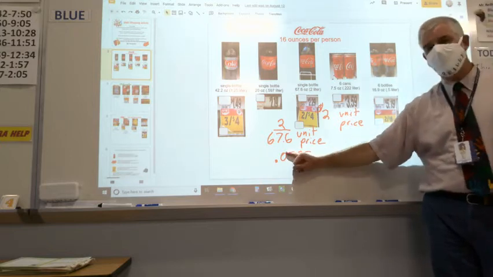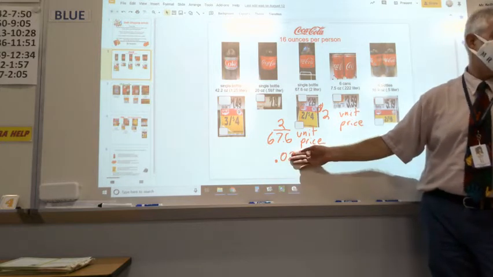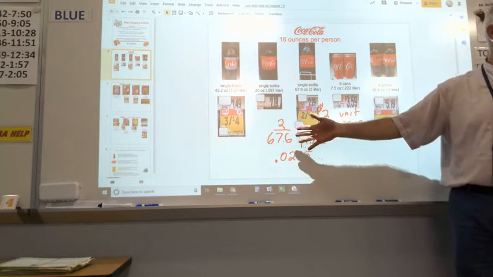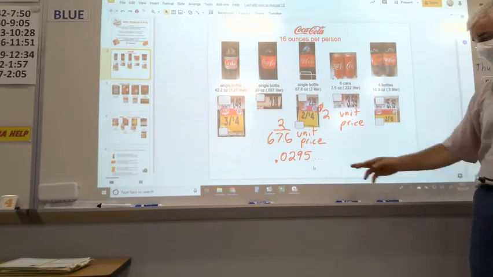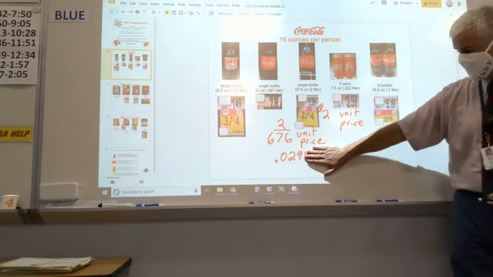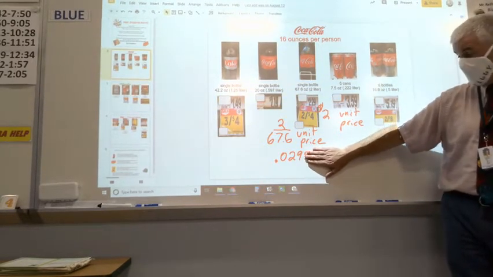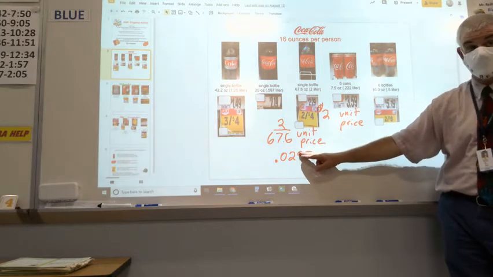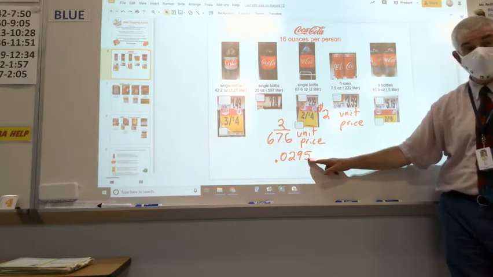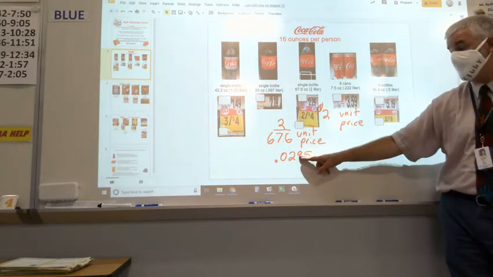But when these numbers come out really small like this, a lot of times, when you round them off, they'll all come out to the same price. So we want to go a little bit further than that. Even if I go to the next decimal place here, 0.029, the thousandths place, this third digit is 5 or above, that means this rounds up.